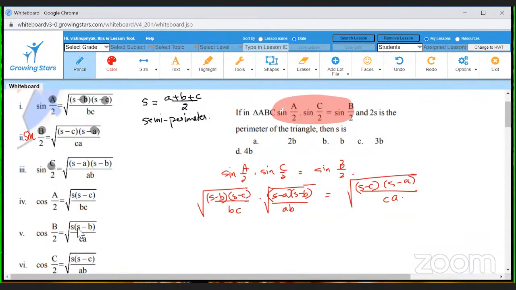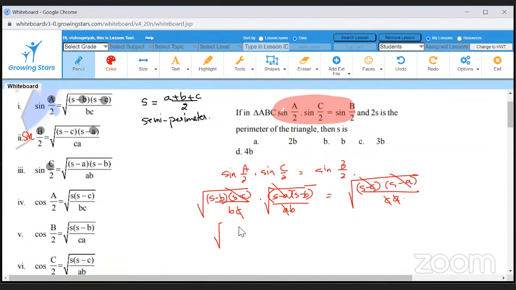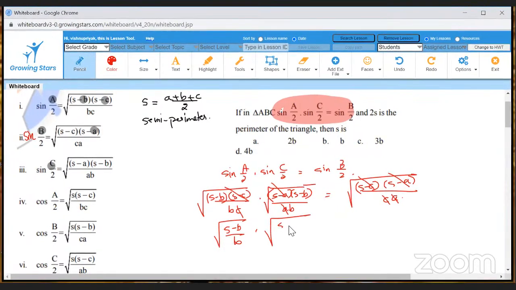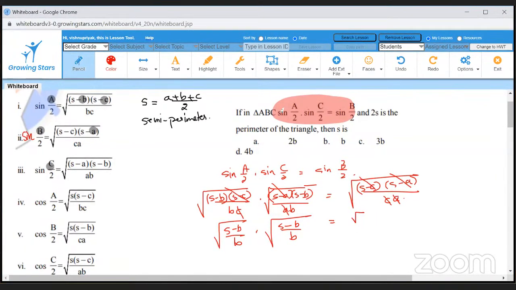So, because it is multiplication, on both sides you can cancel S minus C, S minus A, then C and A. Left is square root of S minus B by B into square root of S minus B by B equal to, nothing is left, square root of 1.